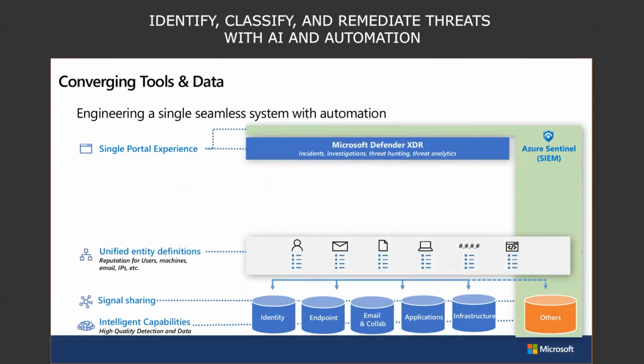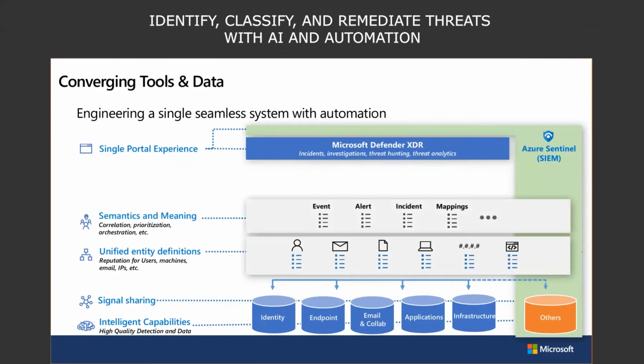So when a file hash appears as malicious within a certain mailbox, I will be able to understand the correlation when that same file hash appears on an endpoint, or on Teams or SharePoint or a SaaS application. Once these entities are unified in our platform, we dispatch machine learning and artificial intelligence to provide semantics and meaning across these very large sets of data.